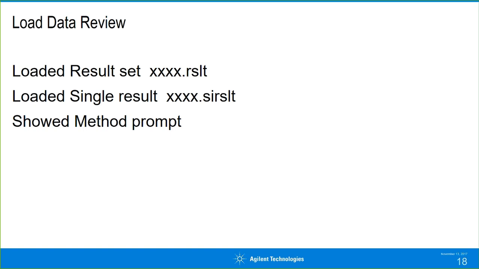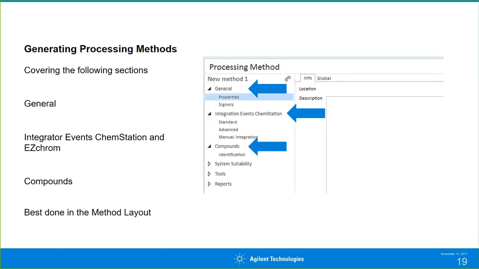Those options are here. So now we're going to take it a step further into the processing method. We're going to look at the actual tree of the processing method, the general tabs, the integration, the compound identification, and the processing layout. We'll take a look further into each one of these.